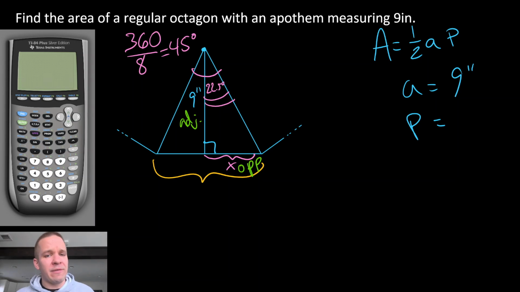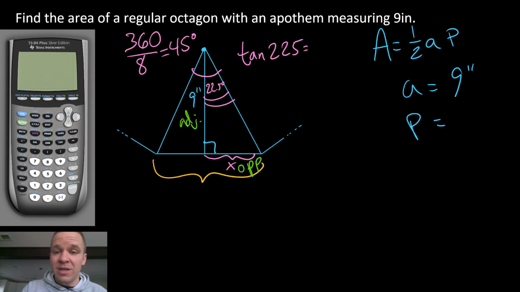Whatever could I use if I have a side length and an angle that I know? How about some trig, specifically tangent, because I want my opposite, I know my adjacent, so that way I could set up tangent of my angle, which is 22.5, equals my opposite, which is x, divided by my adjacent, which is 9. This one is the easy algebra, multiplied by 9 and 9. So in my calculator, in that TI-84 Plus, I'm going to type in tangent of 22.5.